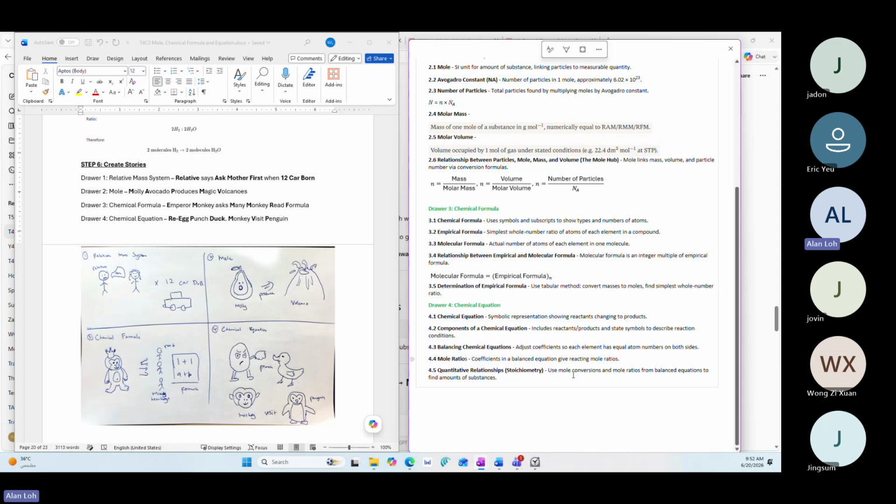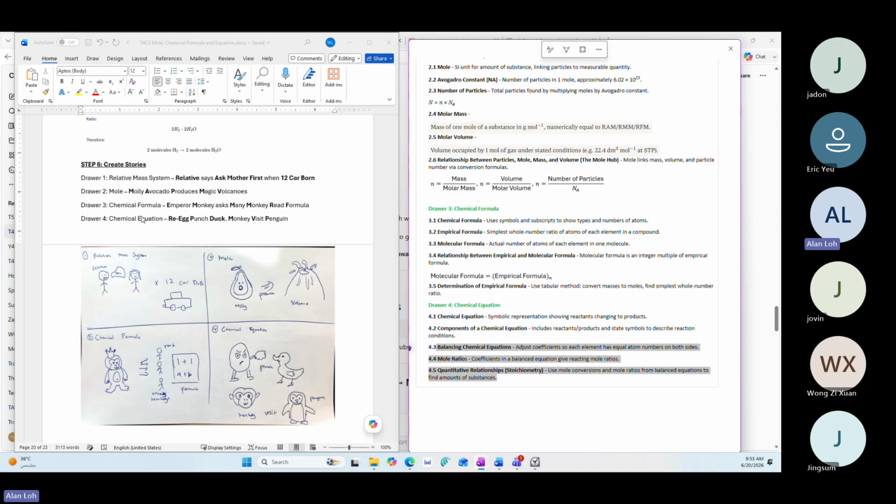Monkey visit penguin. What is monkey visit penguin? Let me think. Okay, I'm sorry, I can't remember what is monkey visit penguin. Something related to M, V, and P. All right, but for now, what are the chemical equations? You know that there are reactants, there are products, right?